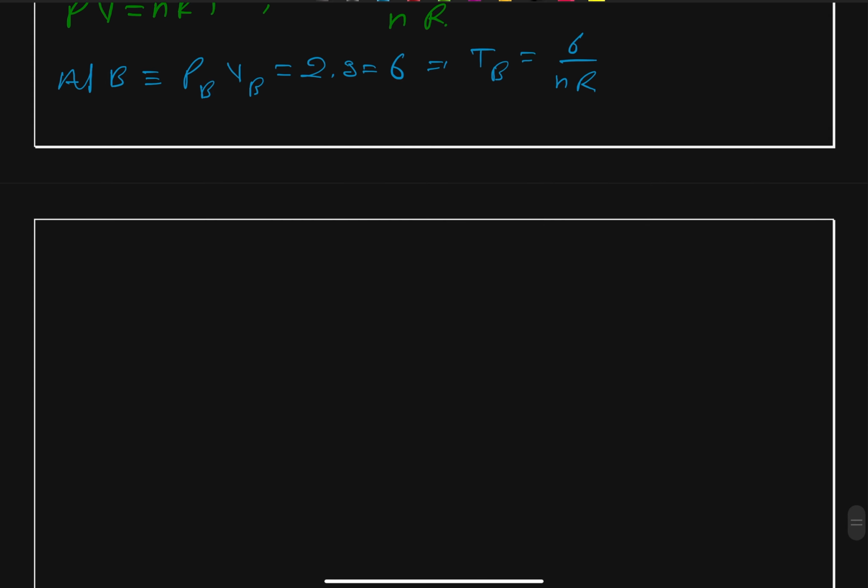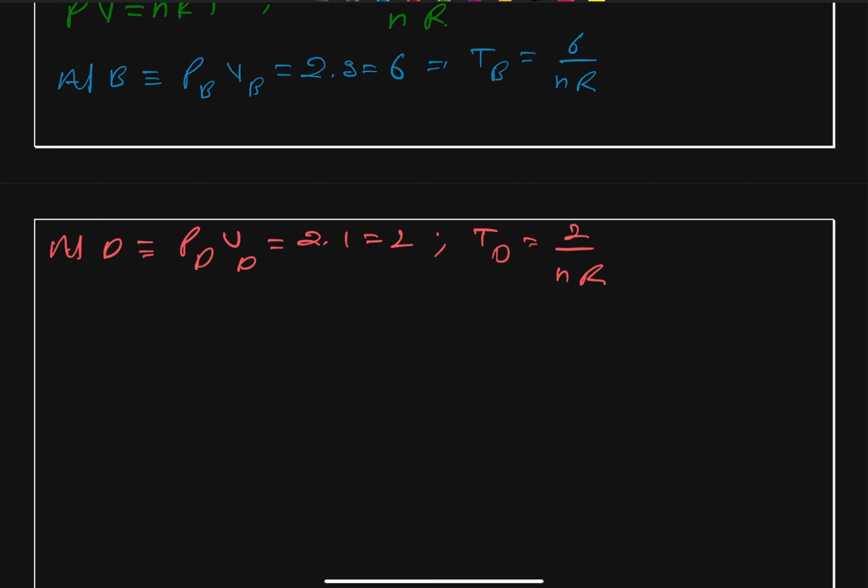And then at D, PD times VD will be equal to 2 multiplied by 1, which is 2. So the temperature at D will be equal to 2 upon nR.